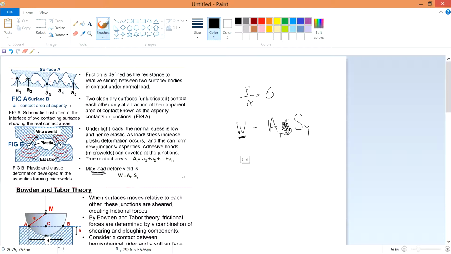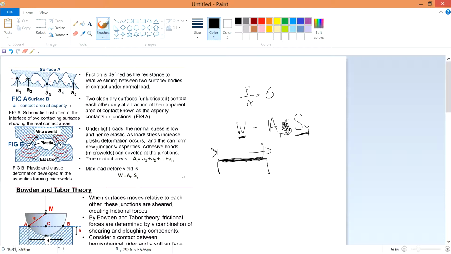And why do we want to know the maximum load? Because if you have two surfaces, this is one surface, this is another surface, and you try to drag along this interface, yielding may occur.